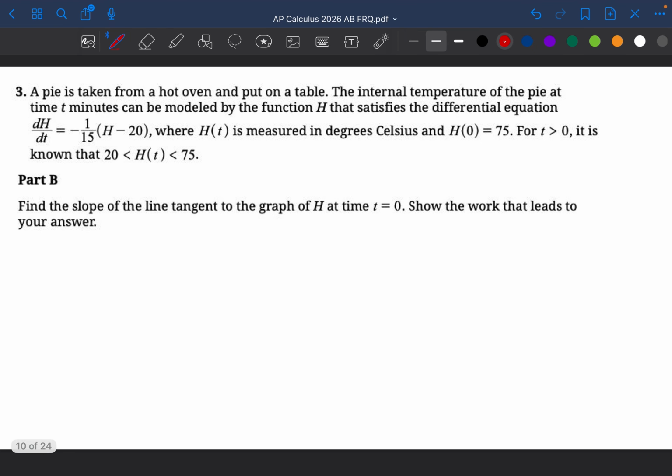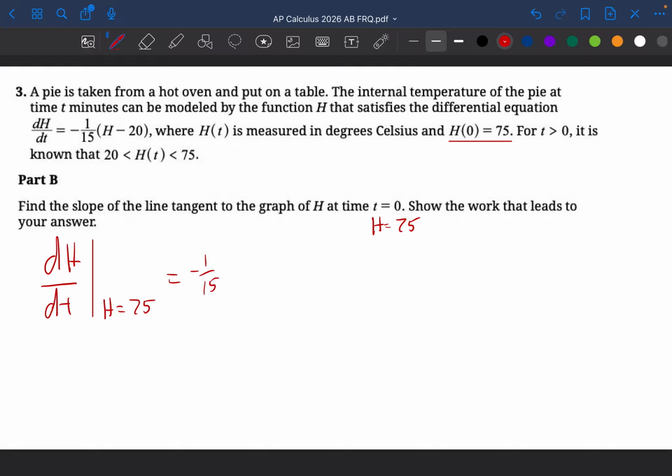Now part B says find the slope of the line tangent to the graph of h at time t equals 0. Based on the given information, when t equals 0, h equals 75. And we need that when we plug in to our differential equation. Because there's no place to plug in t, but we can plug in 75 for h.